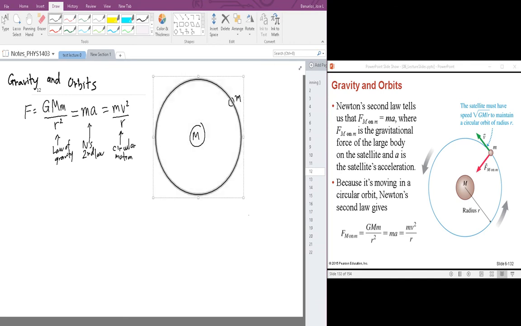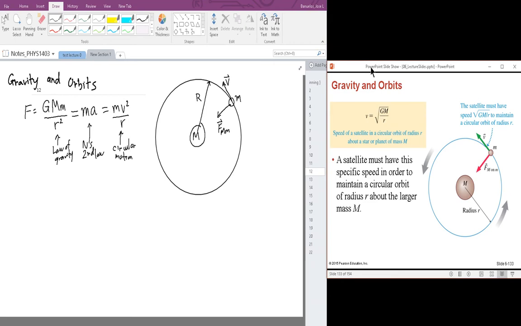If we start labeling all the different properties, this is the force of the big mass on the little mass, and the r in our equations is the distance from the center of the large mass to the center of the small mass. And this v squared term has to do with the velocity that's tangential to the circular path.